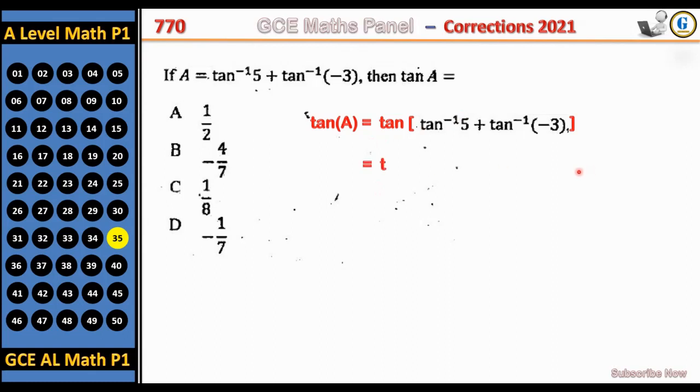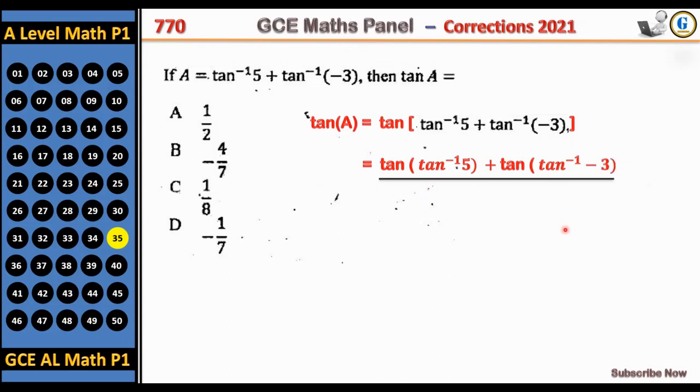This will be equal to tan inverse of 5 plus tan inverse of minus 3. Then we are going to divide that value by 1 minus tan inverse of 5 times tan inverse of minus 3.